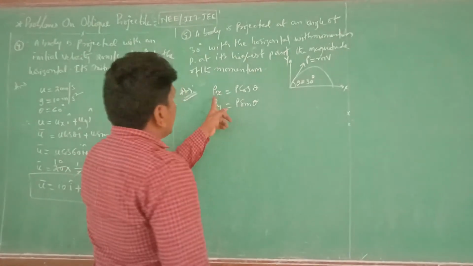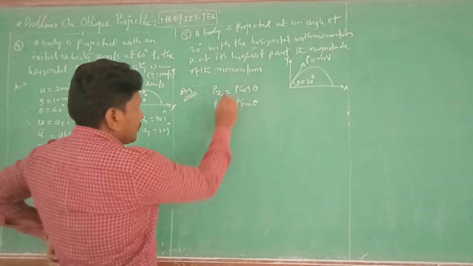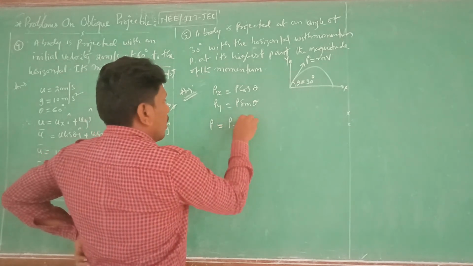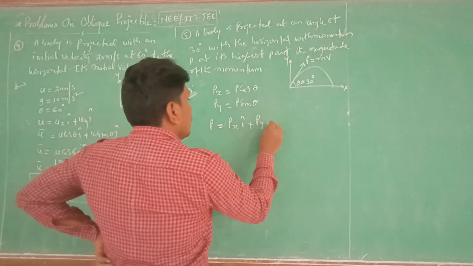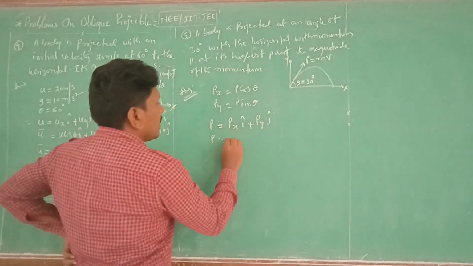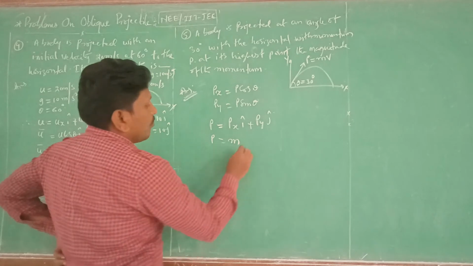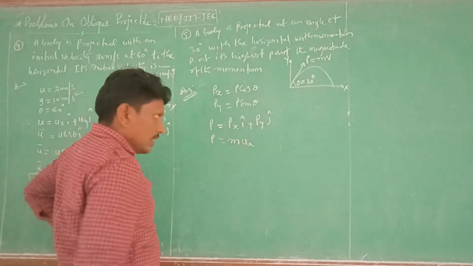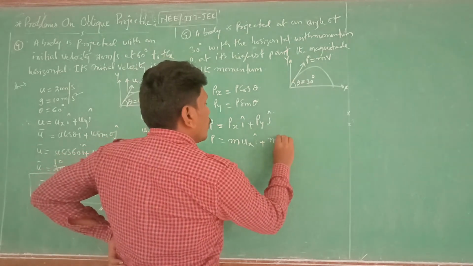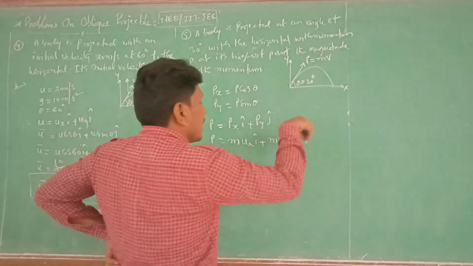We can write p equal to px i cap plus py j cap. Clear? And p is equal to m into ux i cap plus m into vy j cap.